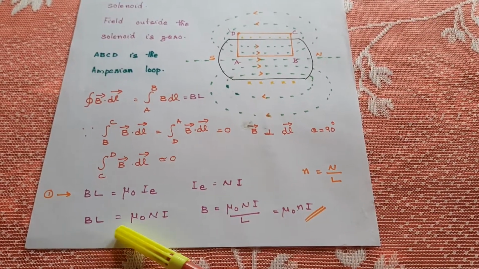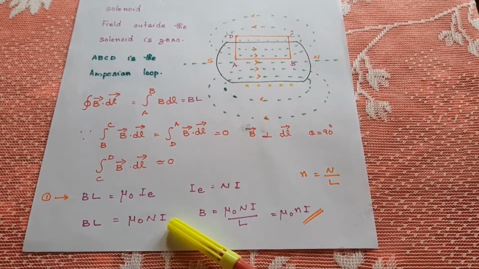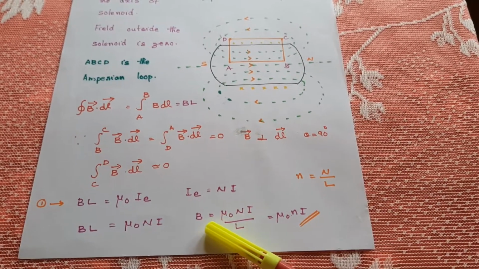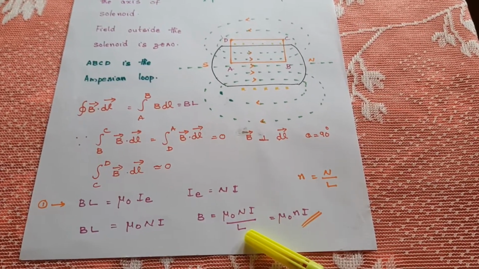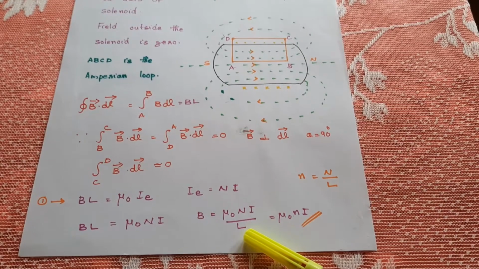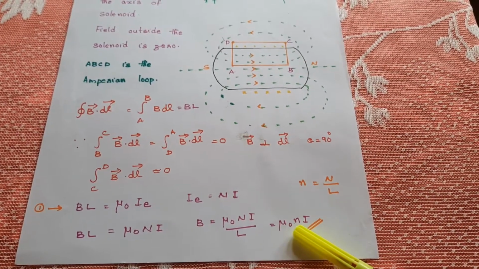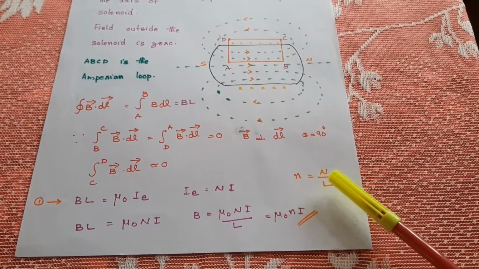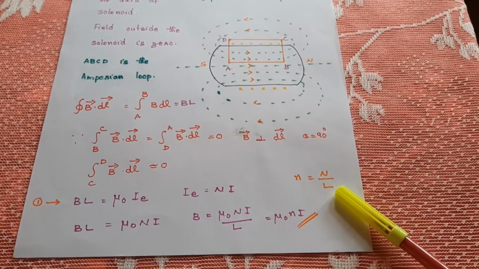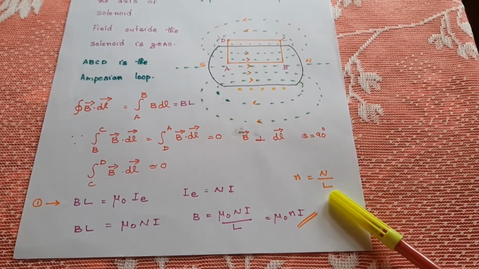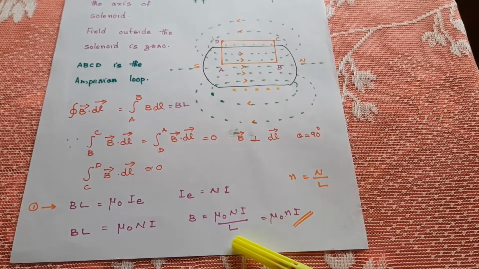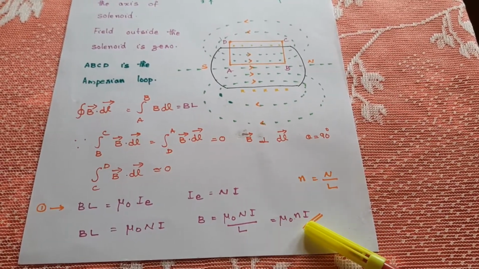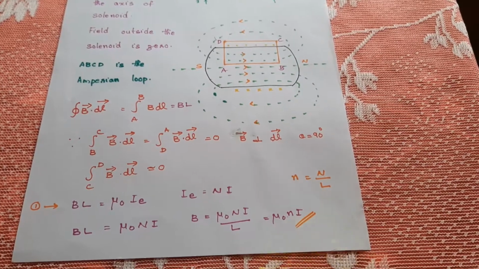Therefore BL is equal to mu 0 NI. Therefore B is equal to mu 0 NI by L. That is equal to mu 0 small n I, where small n is the number of turns per unit length, capital N by L. So field due to a solenoid is directly proportional to the current and number of turns per meter.